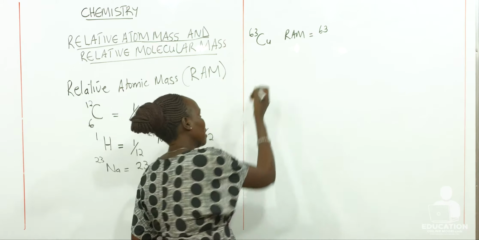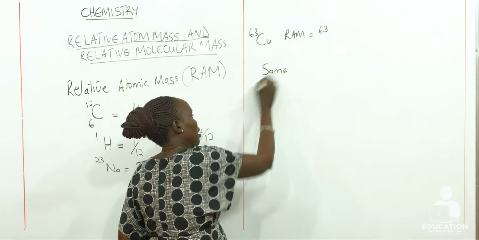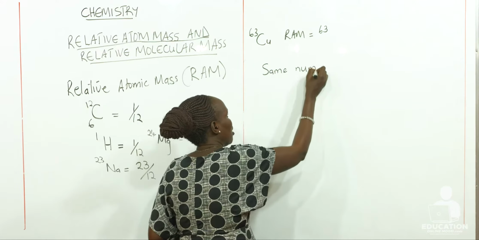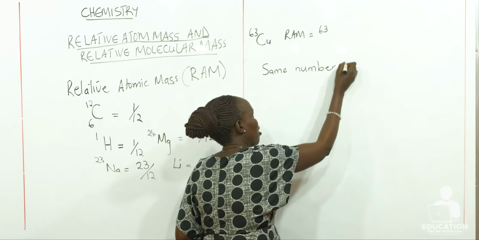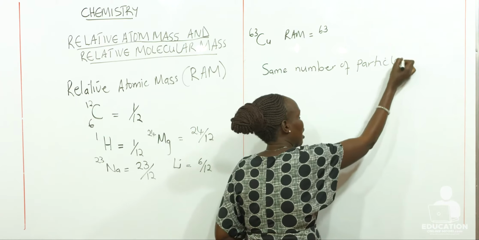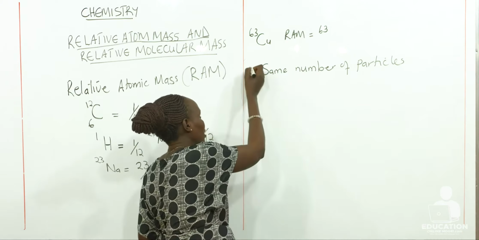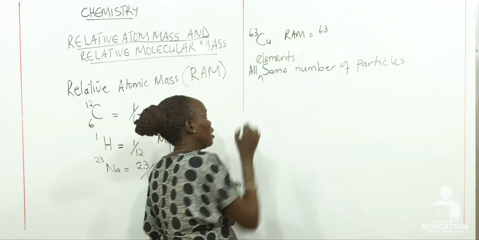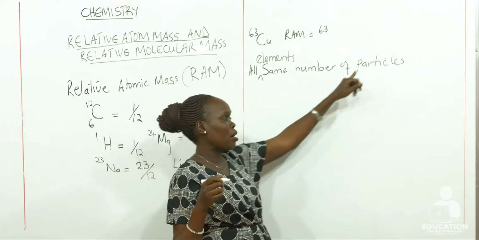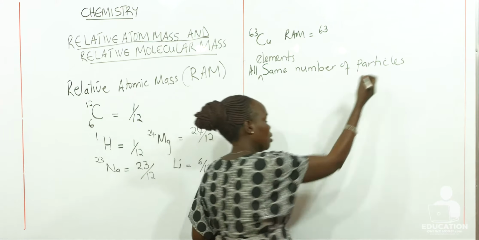So we shall say that all the elements have the same number of particles, which we refer to as the Avogadro's constant. All elements have the same number of particles, but they have different masses.